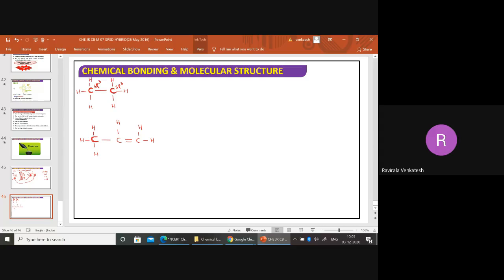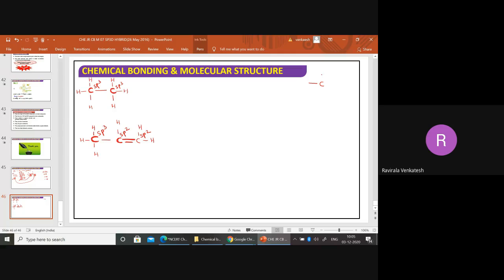No, sir. Therefore, hybridization will be sp3. Now, does this carbon have any pi bond? One pi bond, sir. This pi bond belongs to both carbons, correct or not? So it is also sp2. So I am writing here: beta, no pi bonds.